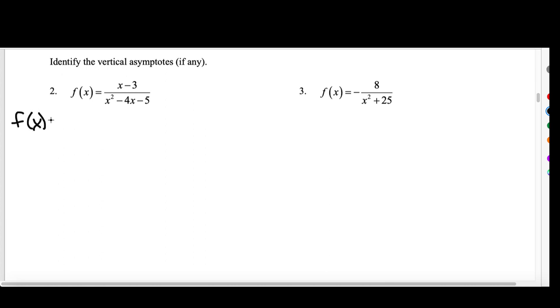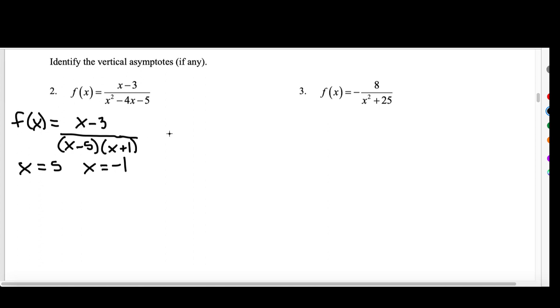In this case, if we apply the rules we've learned earlier in the class for factoring quadratics, that quadratic in the denominator can be written in factored form as x minus 5 times x plus 1. Okay? And when it's written in that form, then it becomes quite clear that the values of x that make the denominator 0 are x equals 5 and x equals negative 1.